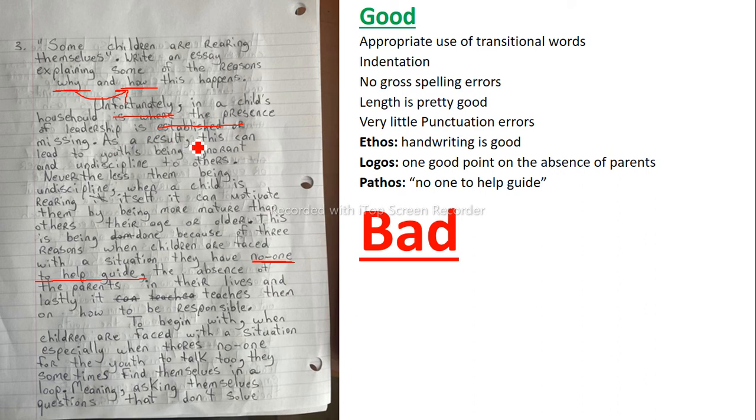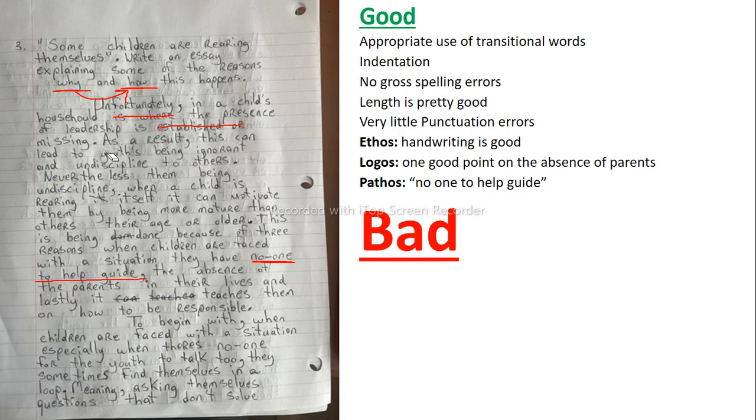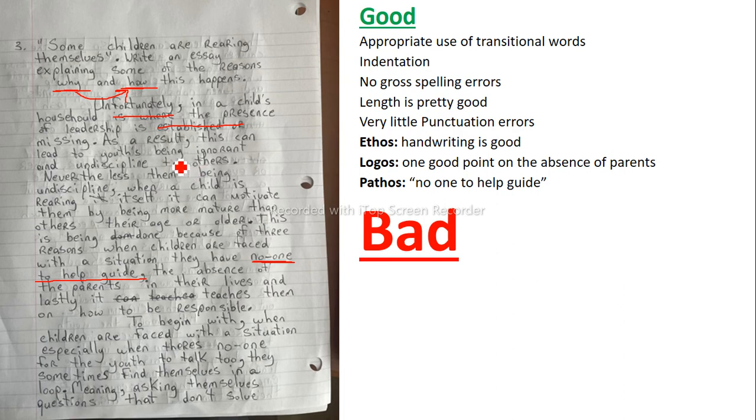As a result, this can lead to, okay, guys, they say can. As a result, this can lead to youths being ignorant and undisciplined to others. Okay, all right, building up a case here.